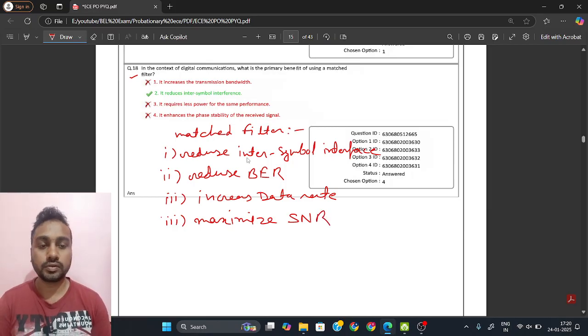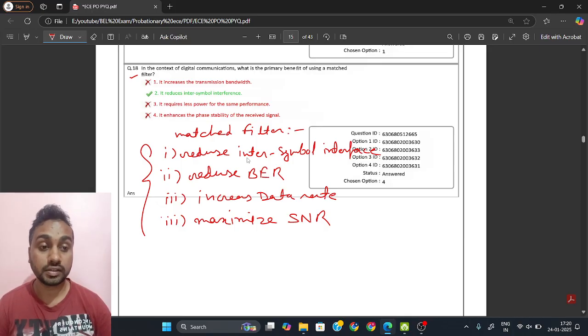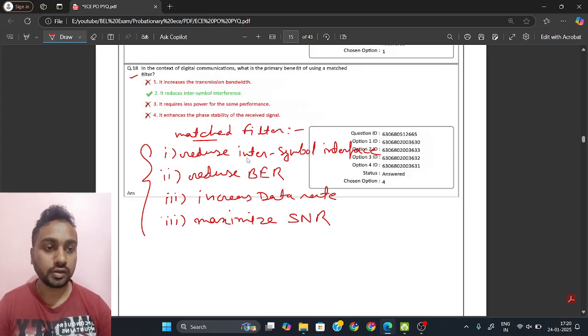Just remember these points, because in the next exam you may get a question related to the matched filter, and they may ask like this. So it reduces the intersymbol interference. This is the right answer.